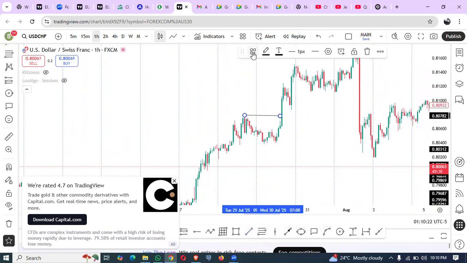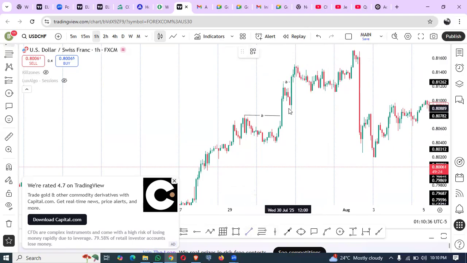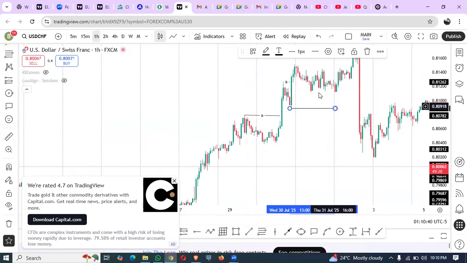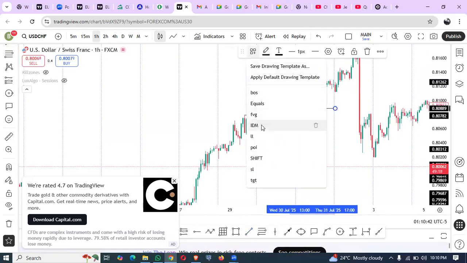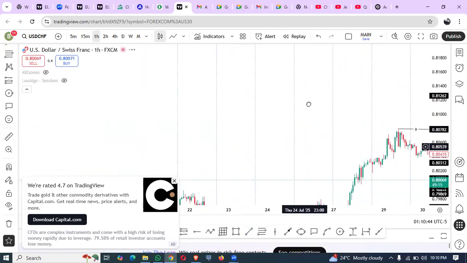That's B1. So went up, corrected, closed above again. That's B2. Then the origin of that B2 push is always your IDM, or X.